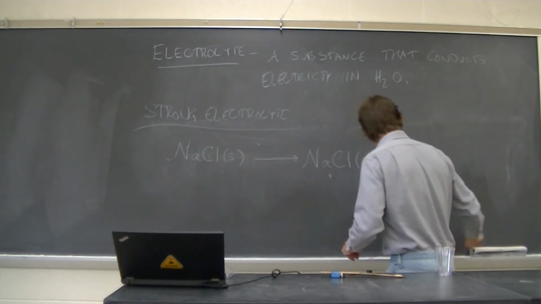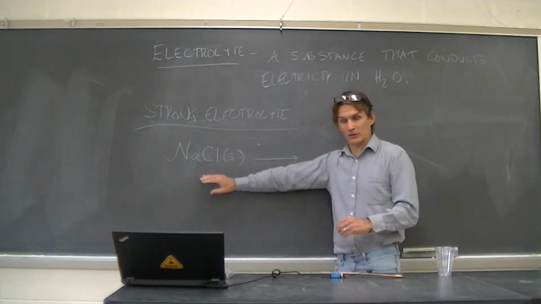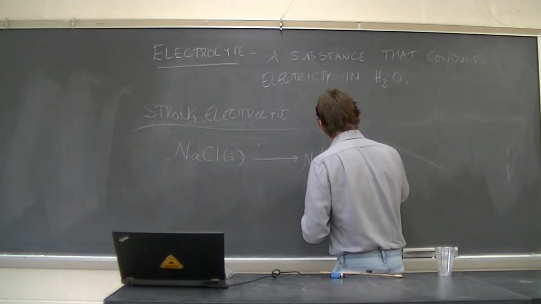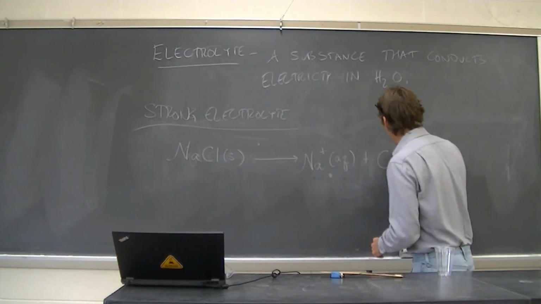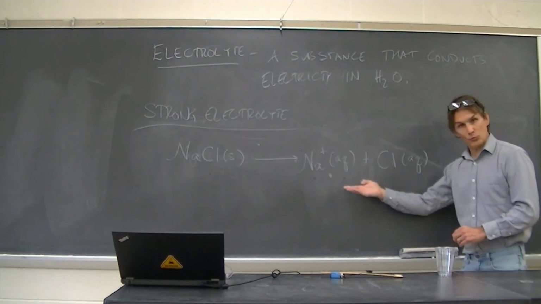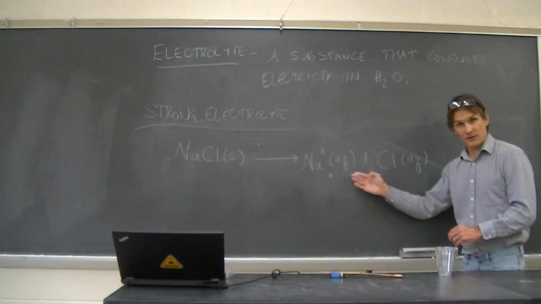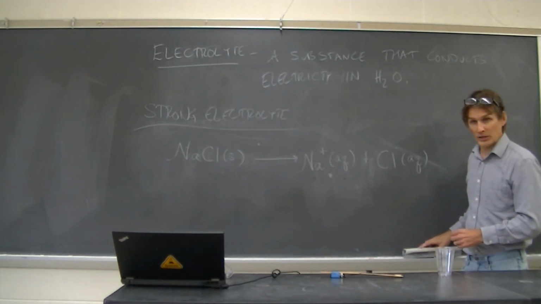So really, what's actually happening when sodium chloride dissolves is the ions are split into individual aqueous sodium ions and individual aqueous chloride ions, and we'll represent that with this symbolism here, that the ions have completely dissociated. That would be the case in a strong electrolyte.